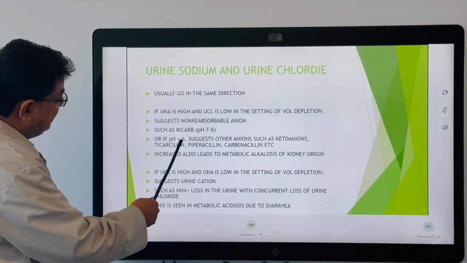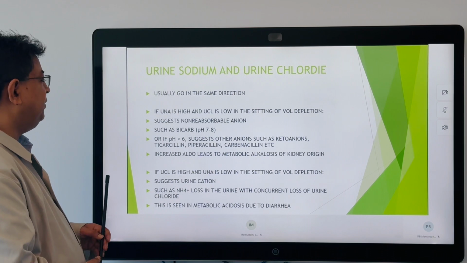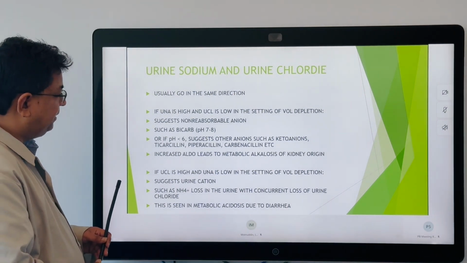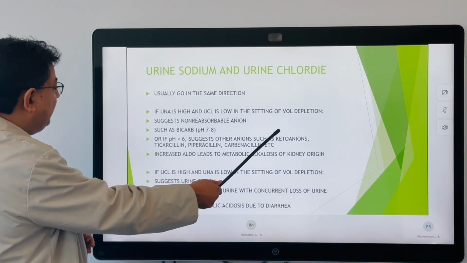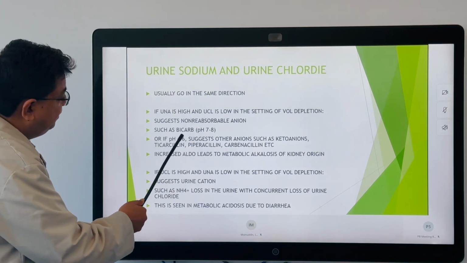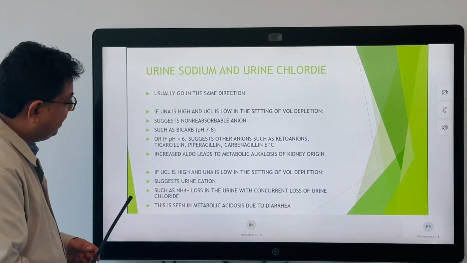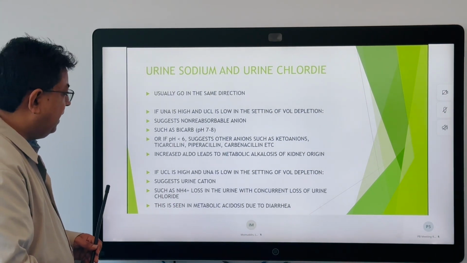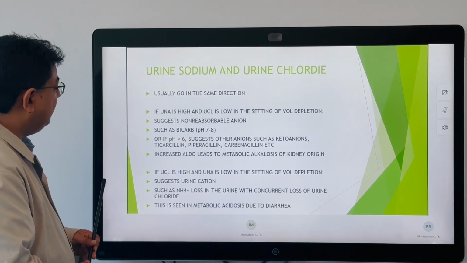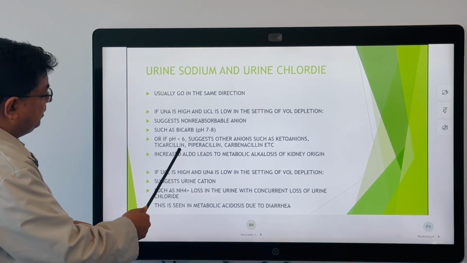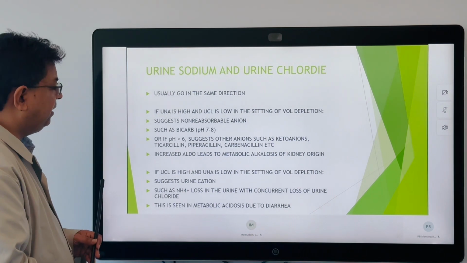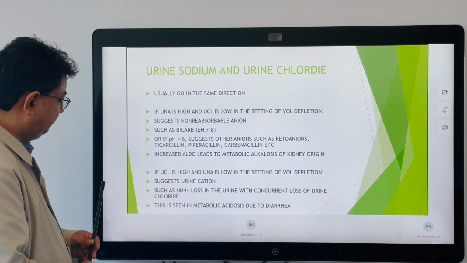If the pH is less than 6, this may suggest other anions are present in the urine, such as ketoanions and ticarcillin, piperacillin, carbenicillin, and other anions. In this scenario, increased aldosterone leads to metabolic alkalosis of kidney origin.